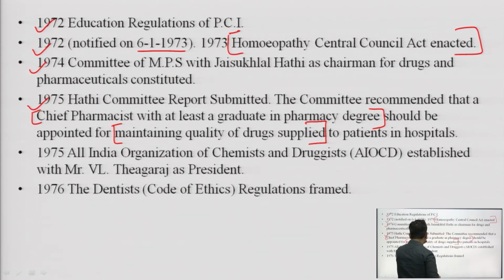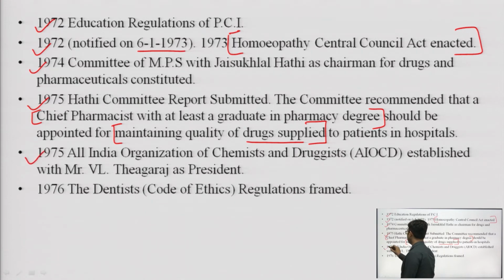The Hathi Committee was formed with the objective of knowing the role of the pharmacist. After doing the research, they submitted the report: there is a need for a chief pharmacist who is a pharmacy graduate, and he or she is responsible for maintaining the quality of drugs supplied to patients in hospitals.